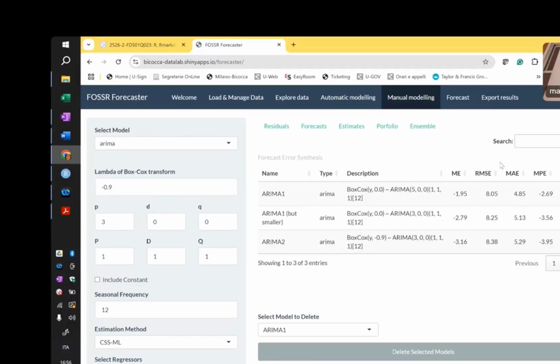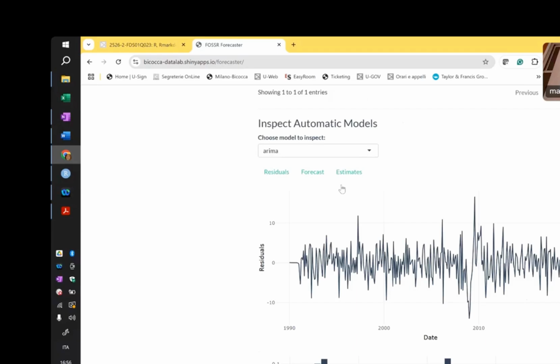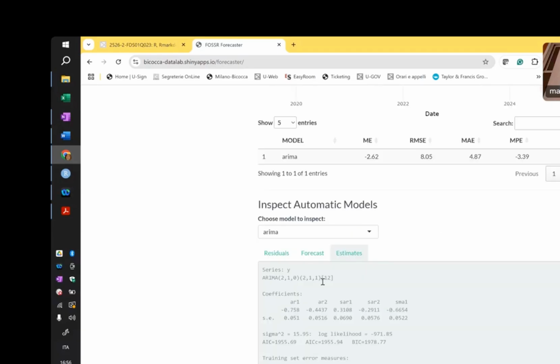My idea for this application is that all the automatic models should be stored in the portfolio, so you have them there, and you can either just use the automatic ones or also have the manual ones. But we could, for example, enter the same model. So we can store it.